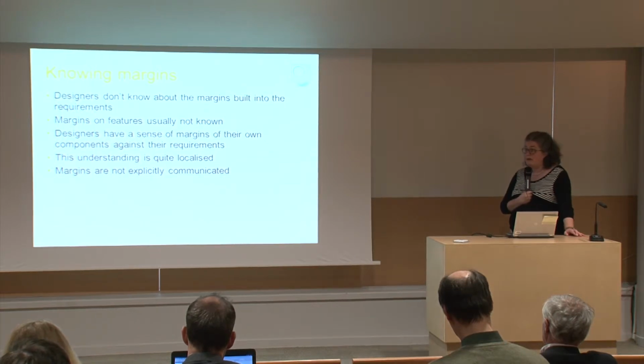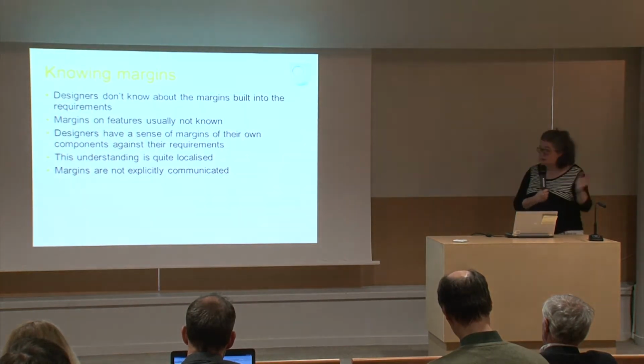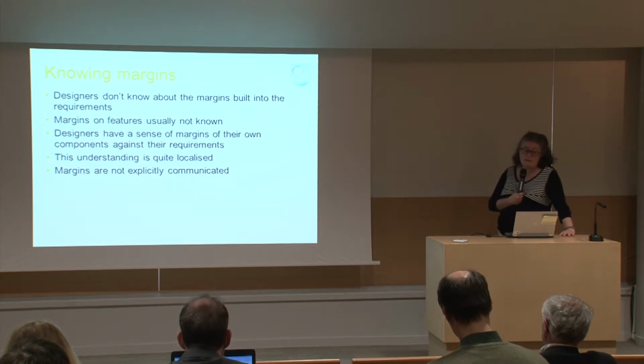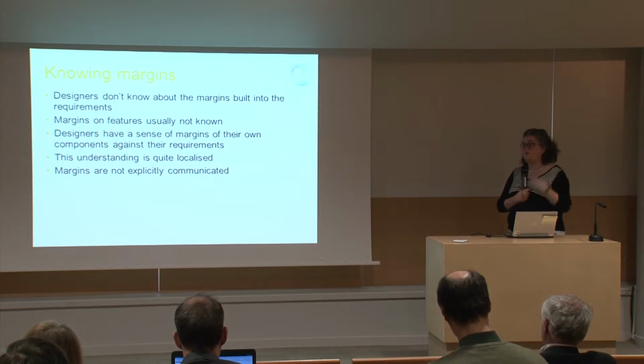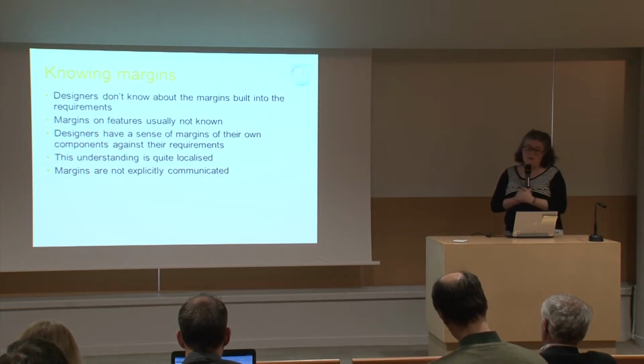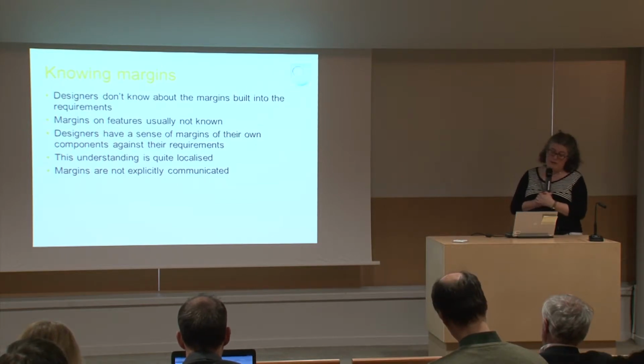But they really didn't think very much about margins having already been added to requirements. And that in Volvo, they had, as I was saying, multiple features, like fuel consumption, which is essentially an emergent property of many things. And they didn't really know what the margins were on the features themselves and how that would play out across the entire product.